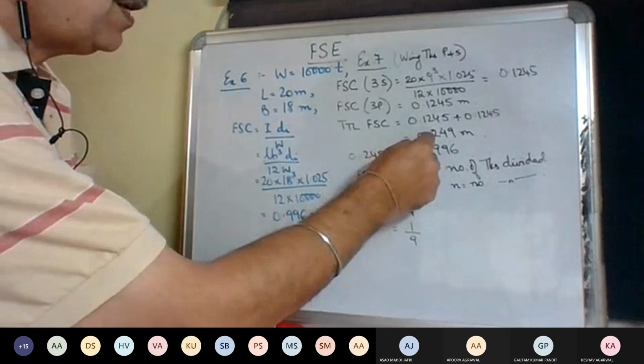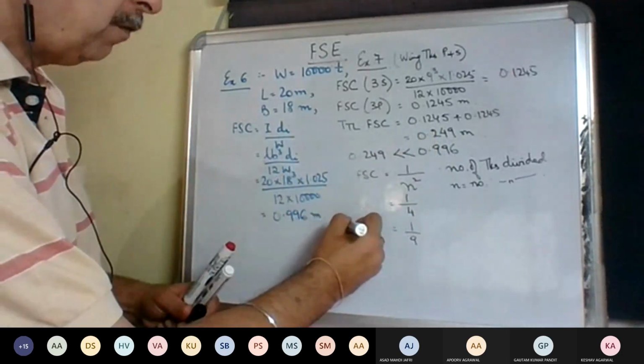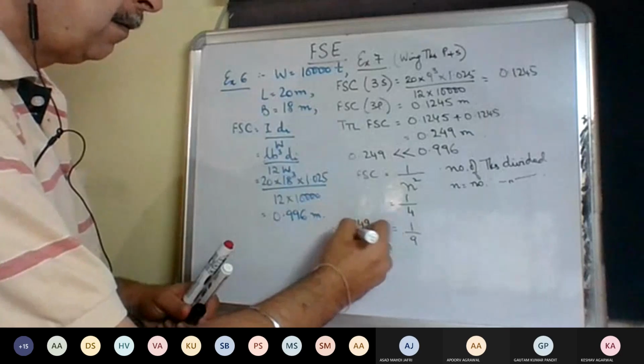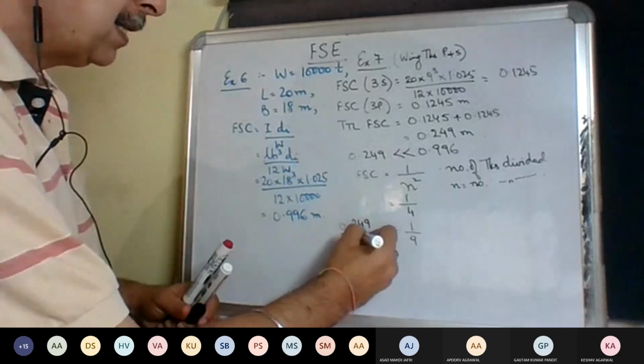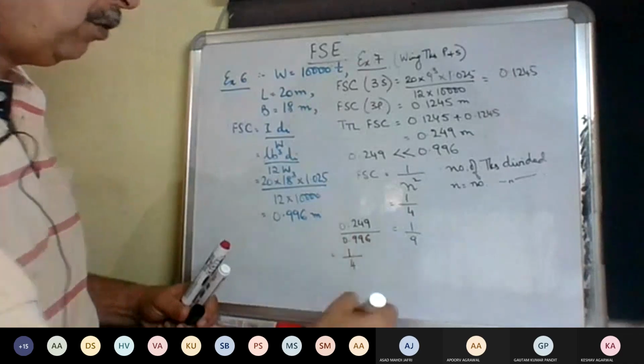My free surface, but what is the ratio? My ratio of 0.249 divided by 0.996 is equal to what? Is equal to 1 by 4?